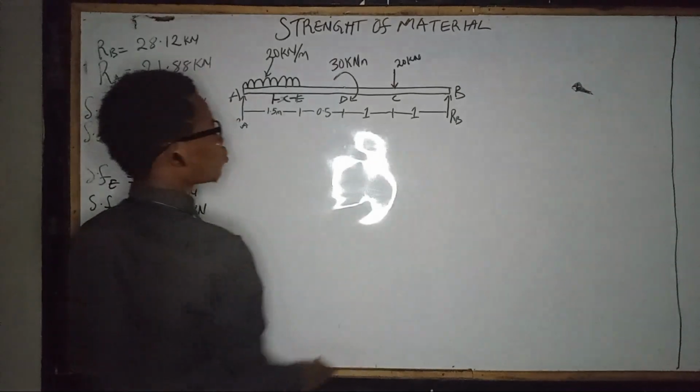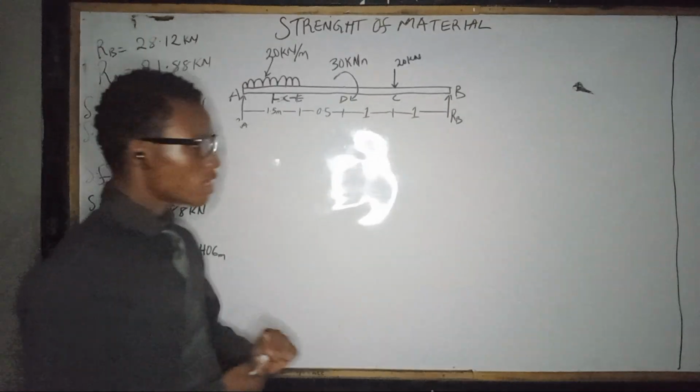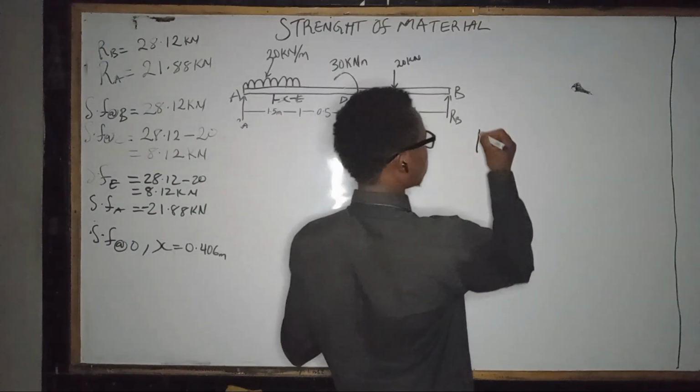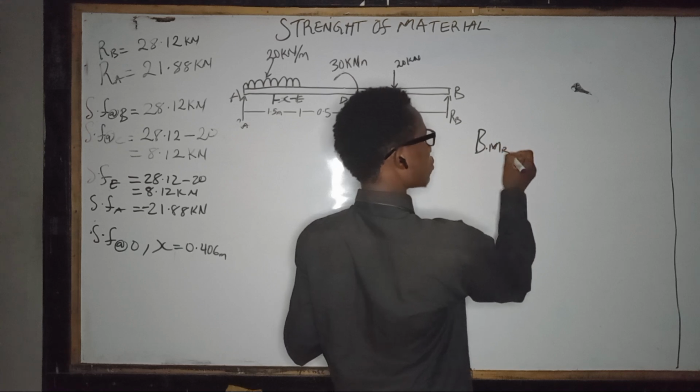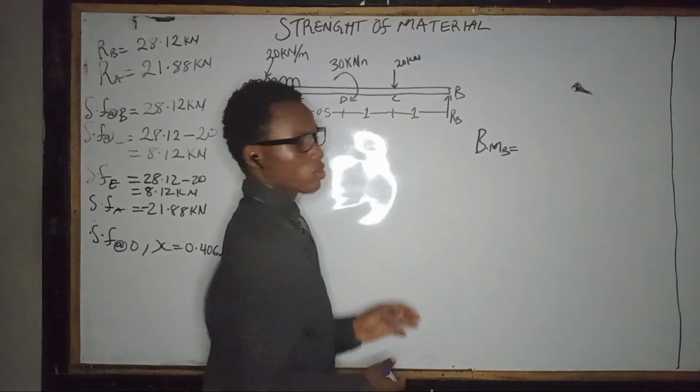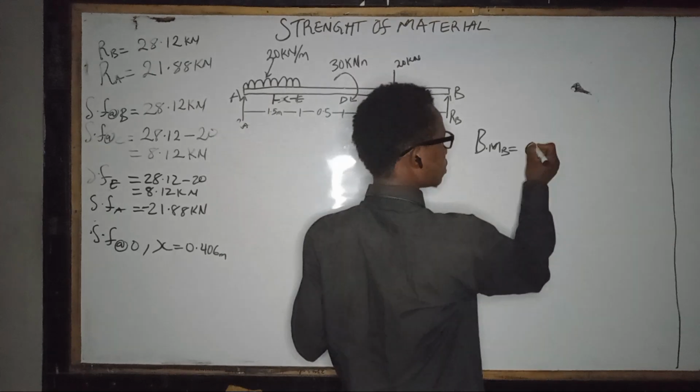So now moving on to the bending moment. The bending moment now at point B, here, we know that it's going to be 0. So our bending moment at B is equal to 0.